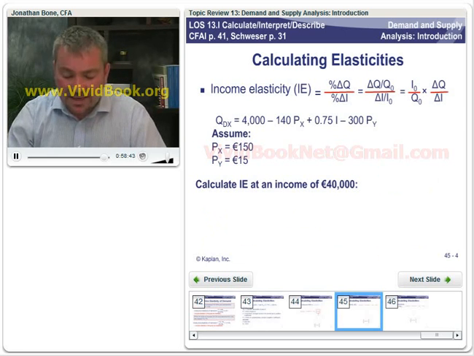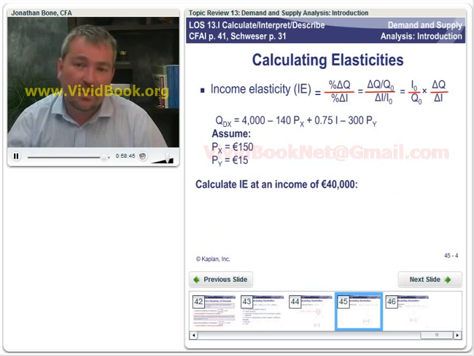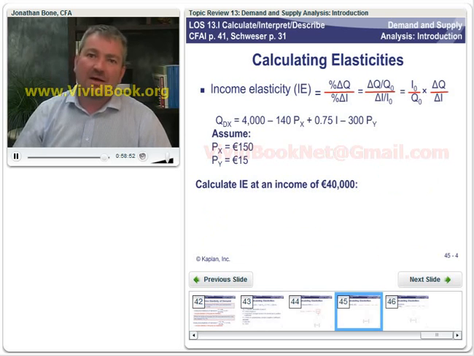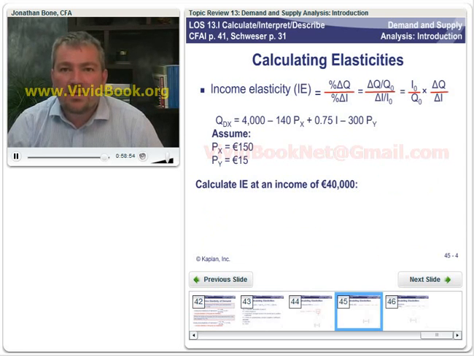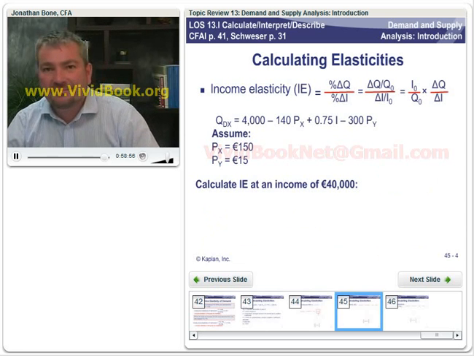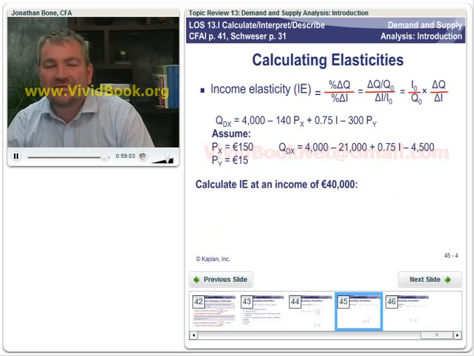Again, in order to calculate income elasticity of demand, we're going to assume that we know the price of the good and the price of the complement, and solve initially, therefore, for I. So, plugging those numbers in and solving for an income of 40,000, there we go, there's our demand function first of all.